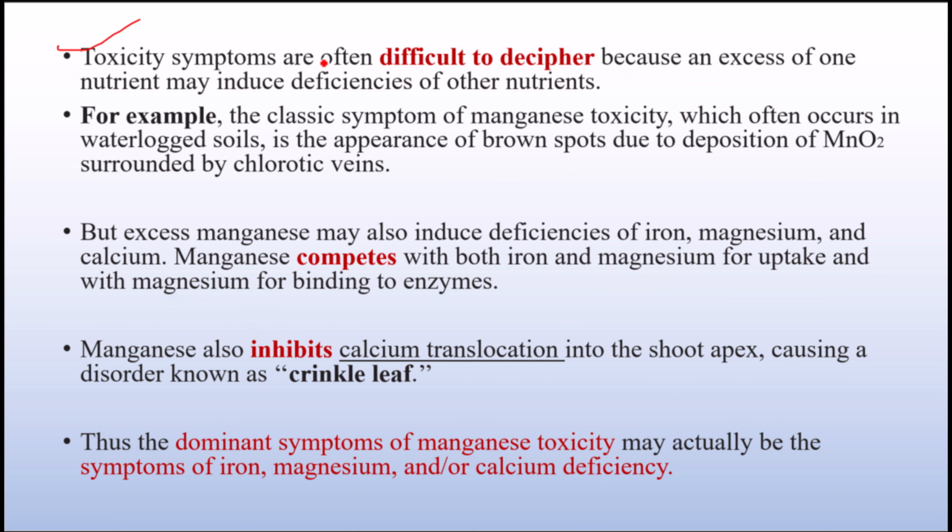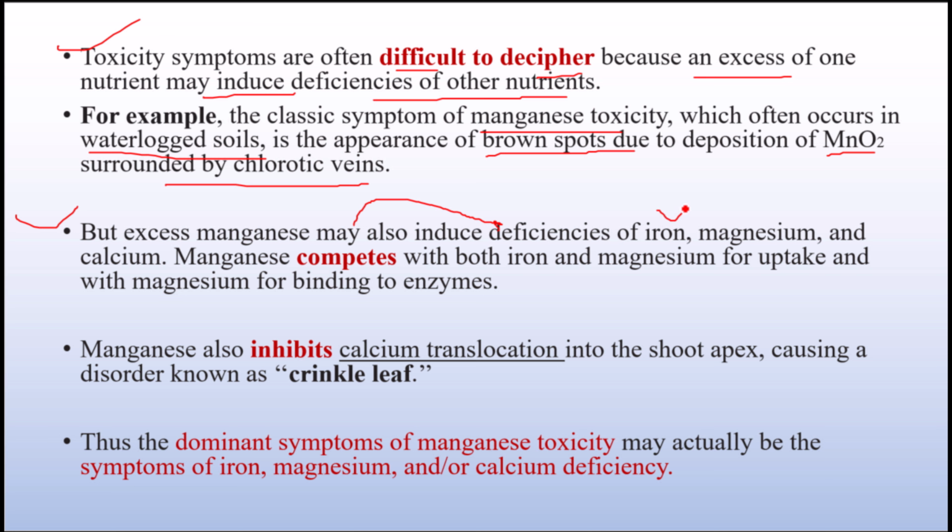Next, toxicity symptoms are often difficult to decipher because an excess of one nutrient may induce the deficiency of another. For example, the symptoms of manganese toxicity in plants are brown spots due to the deposition of manganese oxide, surrounded by chlorotic veins in waterlogged soil. But excess manganese may also induce the deficiency of iron, magnesium, and calcium.